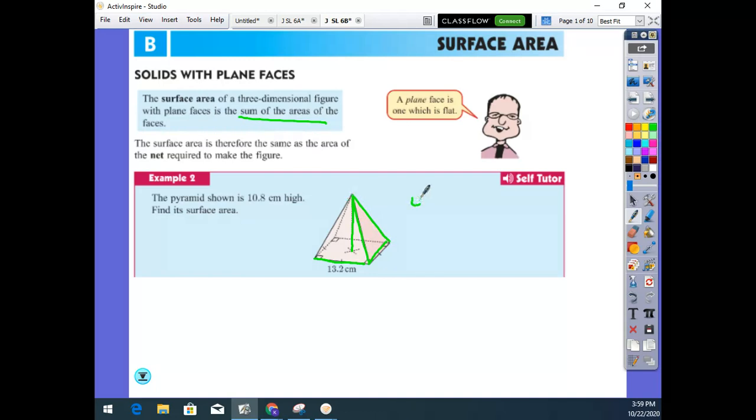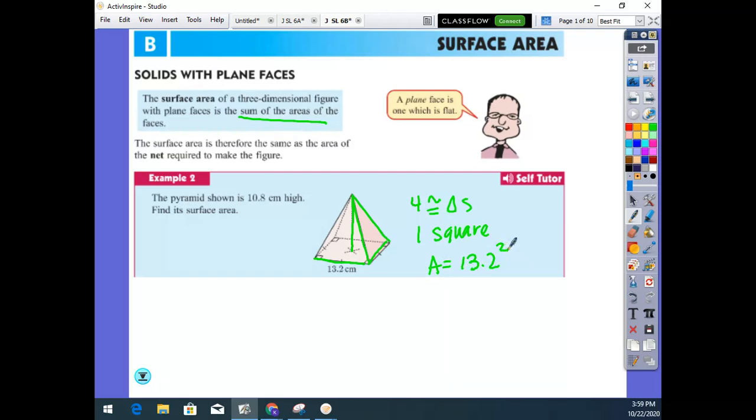So there's 4 congruent triangles and 1 square. So the square is easy to find. The area of the square is just 13.2 squared. It's the triangles that are a little bit tougher.